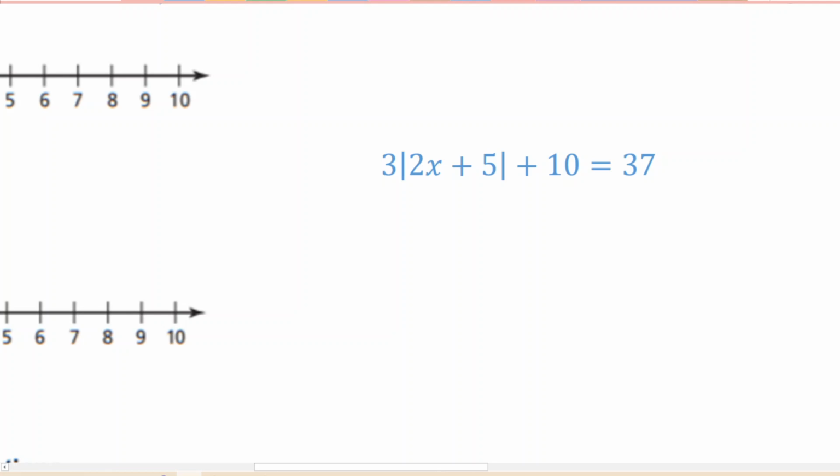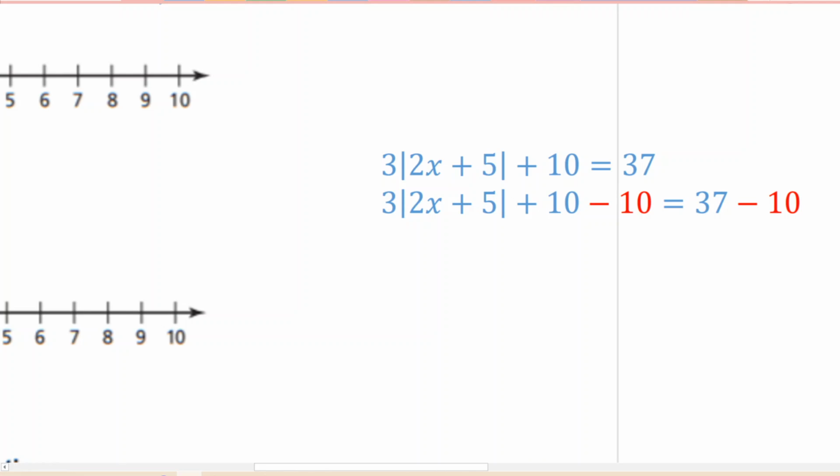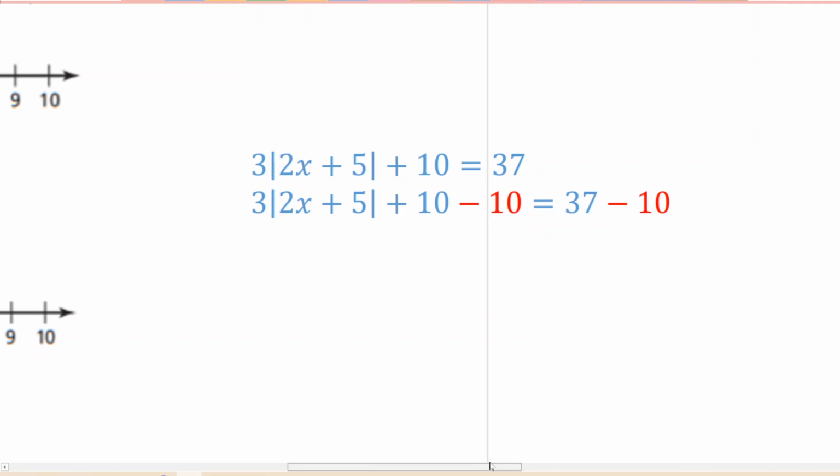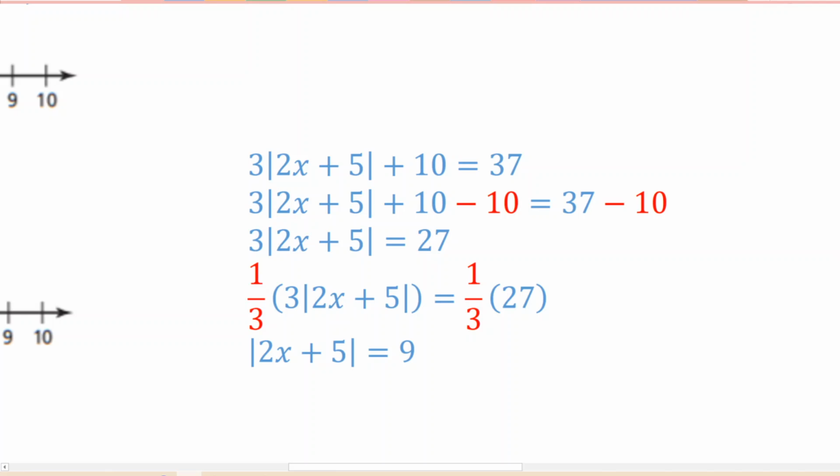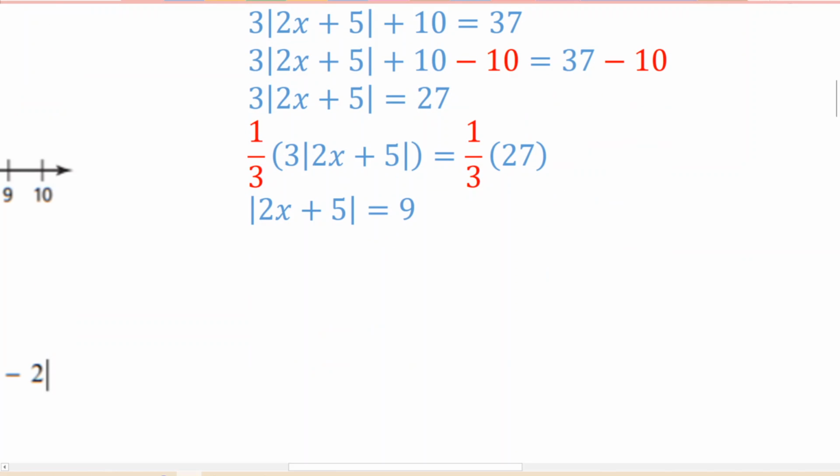So we're going to subtract 10 from both sides. Okay, that gives us 3 absolute value of 2x plus 5 equals 27. So we'll divide both sides by 3. And that gives us the absolute value of 2x plus 5 equals 9.